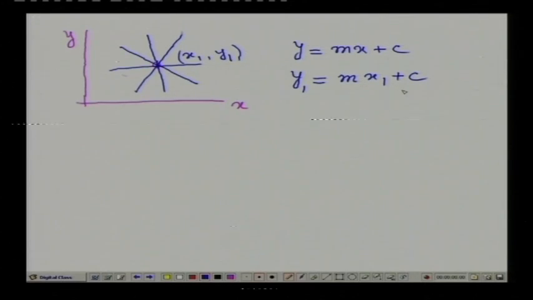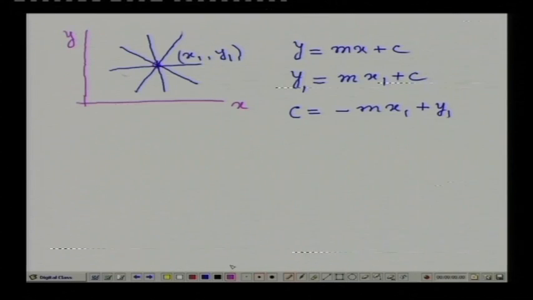So, now I can rewrite this equation, that is y 1 equal to m x 1 plus c, in this way. I can write it as c is equal to minus m x 1 plus y 1. Here x 1 and y 1 are constants, and c and m are variables.